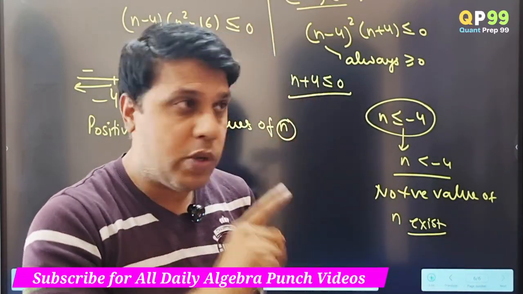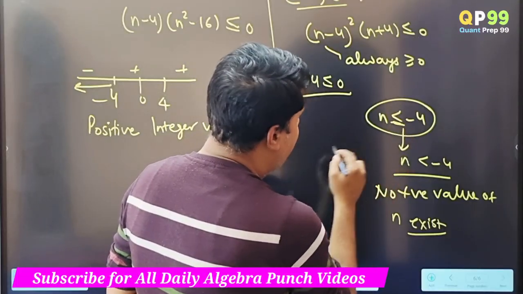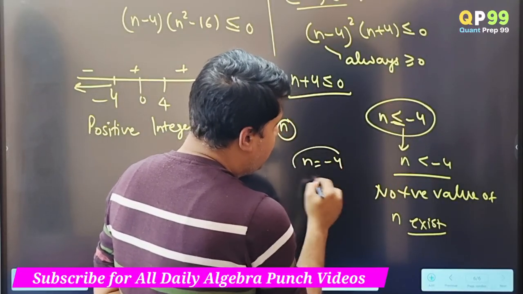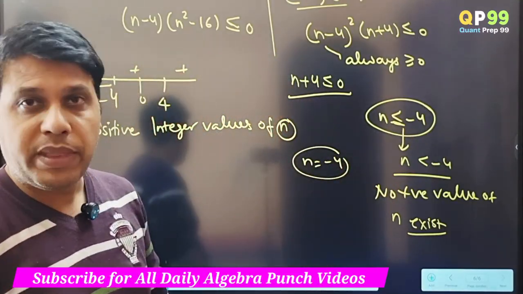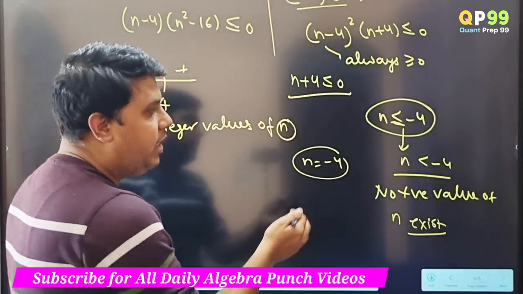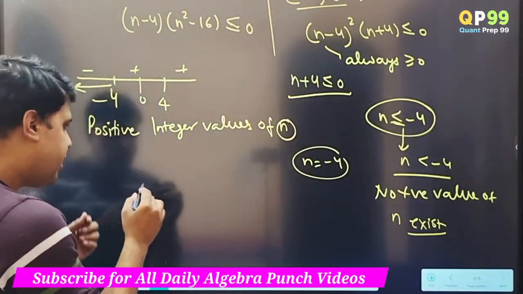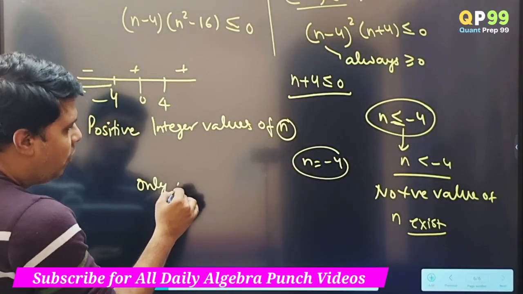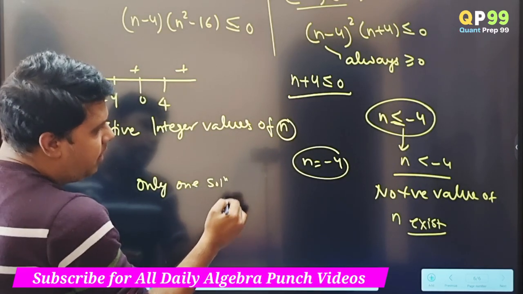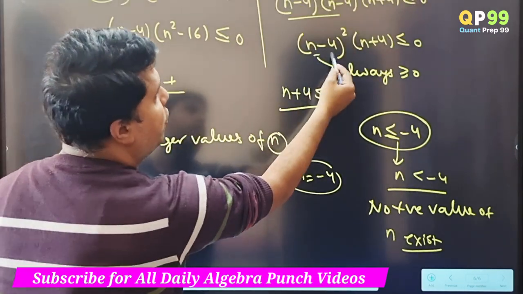So there is only one possibility, because I will make use of equality. So if n equals to 4, then equality follows, right? So there is only one solution, that is n equals to 4, right?